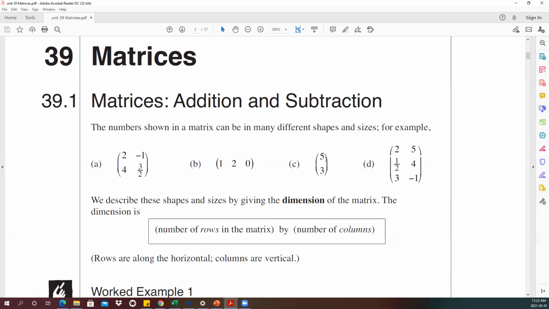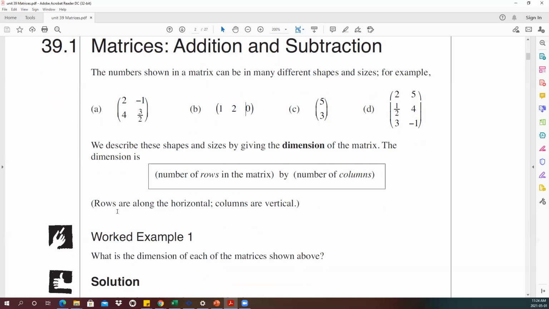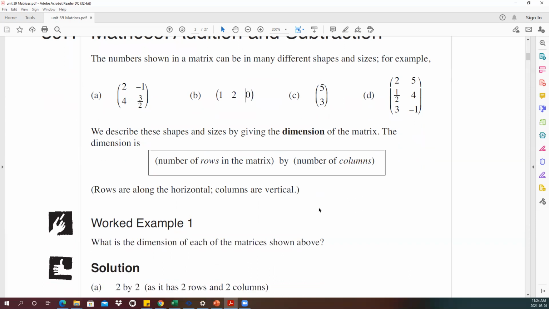When you count from top to bottom, 5 and 3, top row, bottom row, that's 2 rows with 1 column coming down. And this one now has 1 row with 3 columns. And this one has 2 rows, 2 columns, right? Rows are along the horizontal, columns are vertical.